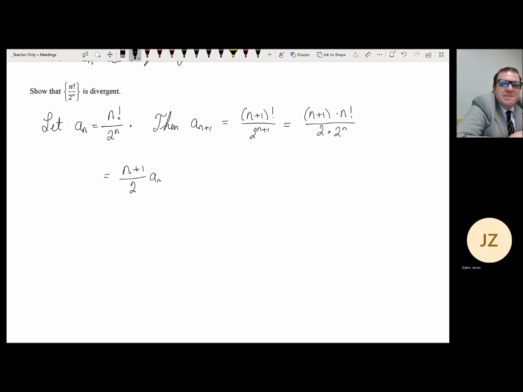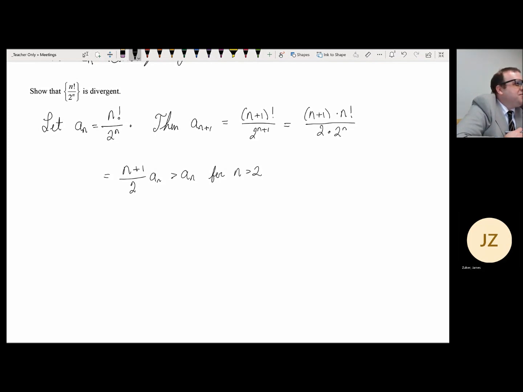But think about a large value of n. You multiply the numerator by n plus 1 and the denominator by 2. So you're multiplying by a positive number. Oh, wait, I'm sorry. I was thinking of 2 over n plus 1. Yeah, no, you're right. It'd be 3 halves, then 4 over 2. Yeah, perfect. So as long as n is greater than 2, this is increasing.